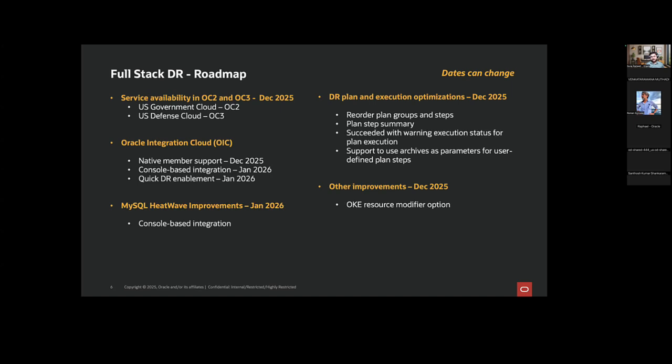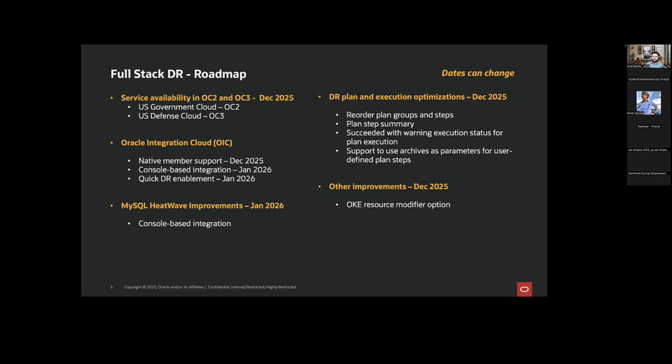Then the full stack DR service will automatically introspect and pre-populate all the built-in plan groups for you. There'll be a stop compute instance, then switch over volume groups, and then launch compute instance. These are all called plan groups. Each plan group will have steps depending on the number of members you add. Currently you cannot move any steps around from a specific built-in plan group.